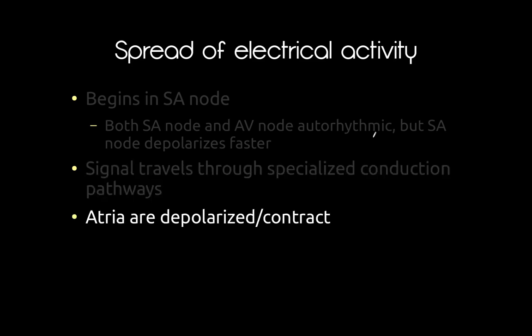Now, what's going to happen is first, after the SA node creates an action potential, some of these conduction pathways, some of these fibers, are going to carry that action potential throughout the atria, and the atria are all going to depolarize and contract. That's the first thing that happens after the SA node reaches action potential.